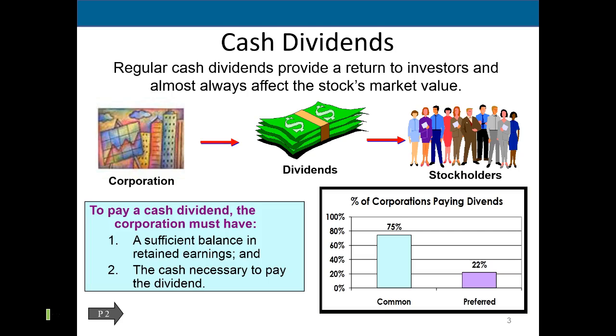And the decision that the corporation needs to make is, should we take that accumulation and invest it back into the company, or should we decide to give it to the owners, in this case the stockholders, in the form of a dividend? So once a dividend is paid out, usually that affects the market value.